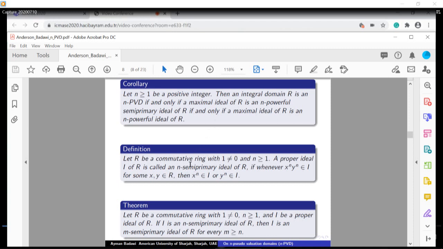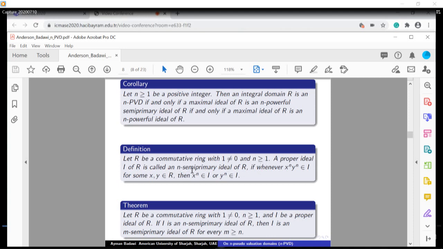All right. Here is a result that I isolate, but kind of interesting. Maybe this is the only result in this talk where R need not be an integral domain. Let R be a commutative ring and n bigger or equal to 1.